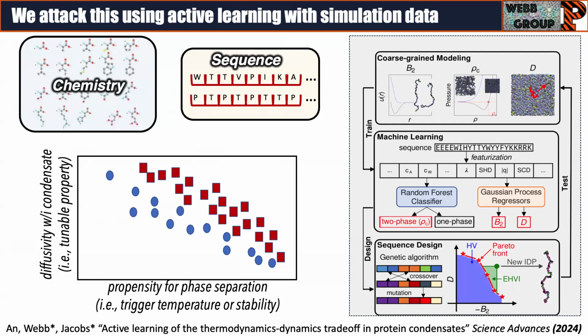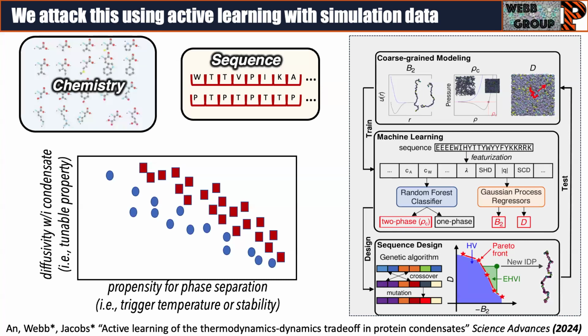And so the way that we're going to approach that is a common strategy that we use in my group, which is that we do high throughput molecular simulations, often with coarse-grained modeling, where the objective is not really to measure the final figure of merit itself, but we have to find things that are cheap because we're going to do lots of them. And so we have some set of proxy calculations that get at the heart of the physics that we think is important for the figure of merit.